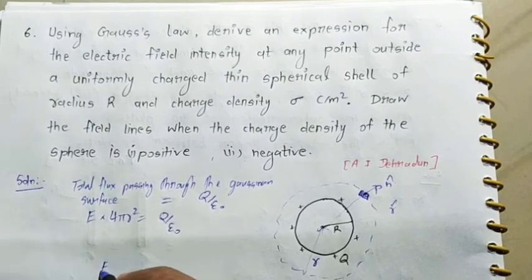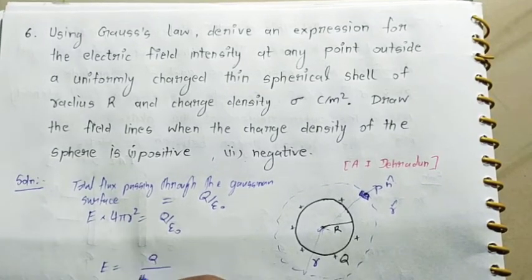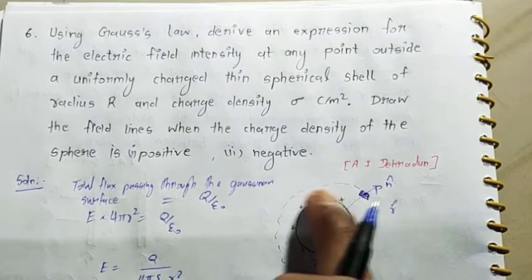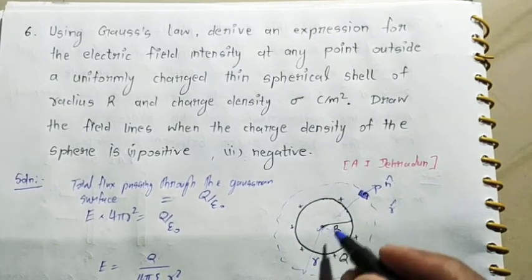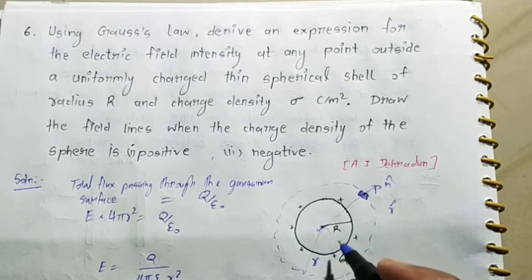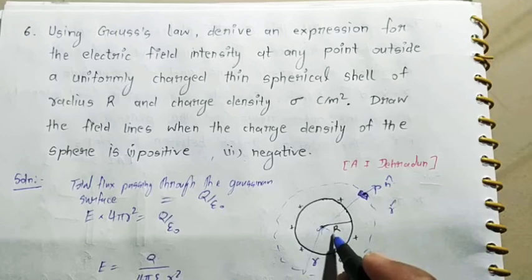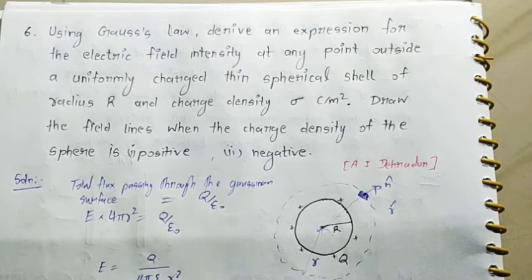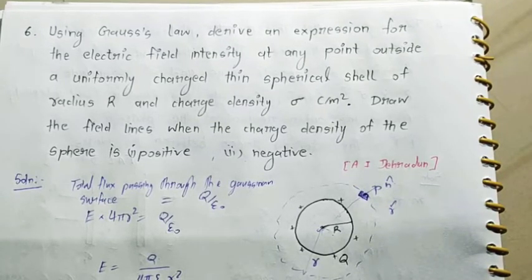So E is equal to Q upon 4 pi epsilon naught r square, but this Q is actually uniformly distributed here. The spherical shell has radius capital R, so the surface area of the spherical shell is 4 pi R square.